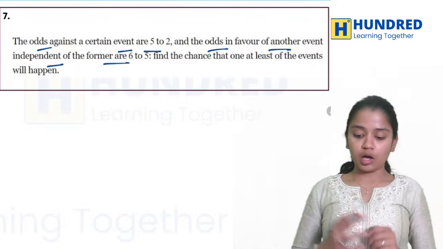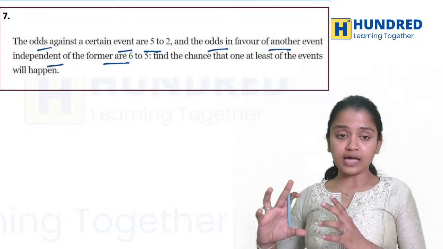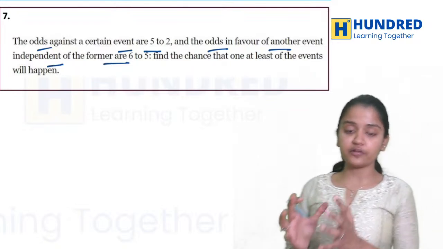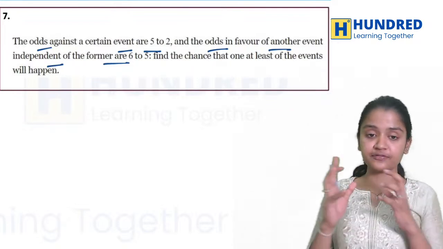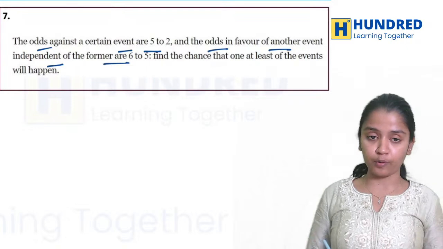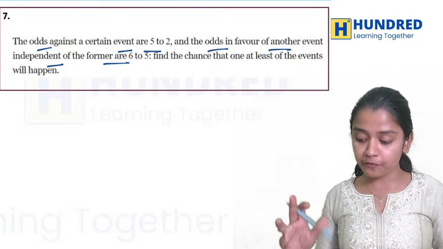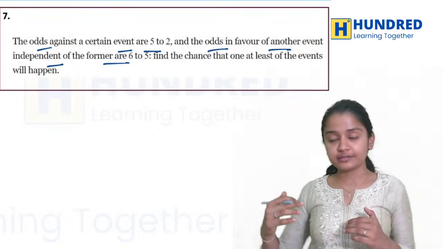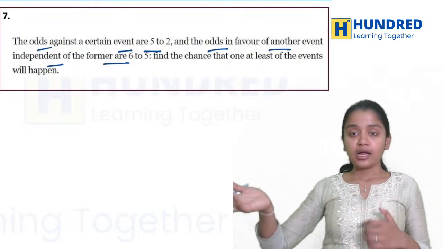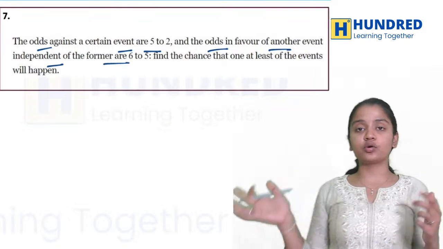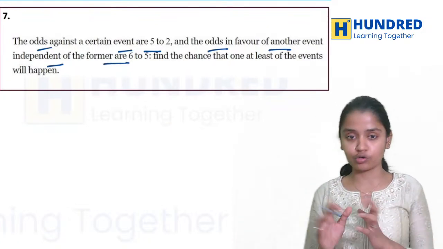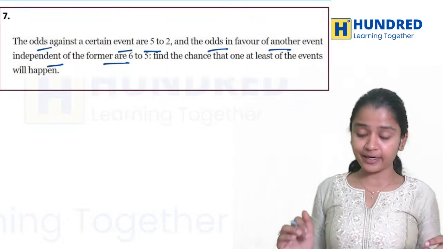So the odds in favor of a new event, that new event is independent of the old event, they say. Okay, this will definitely be confusing, so if I write it and explain, it will be clear.